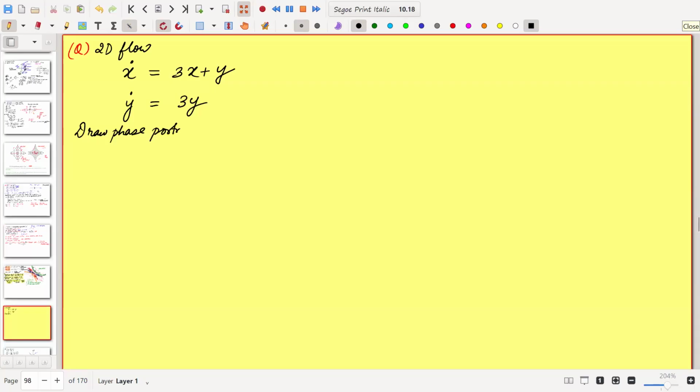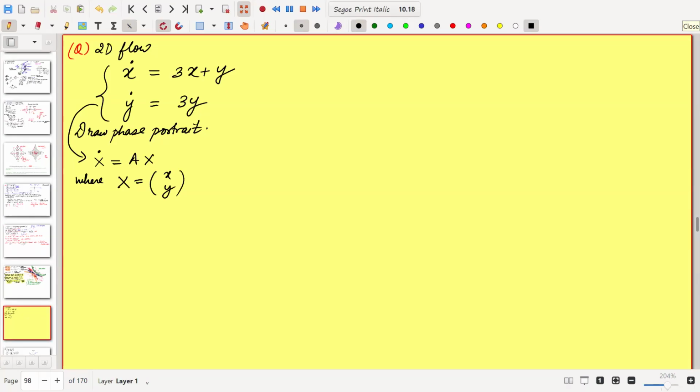What does phase portrait mean? It means drawing on the plane of x and y variables how the flow will occur if you start from different initial conditions, right? So what is our first step? Our first step is to convert this 2D flow into the form x dot equals A X, where capital X is nothing but x and y, right?